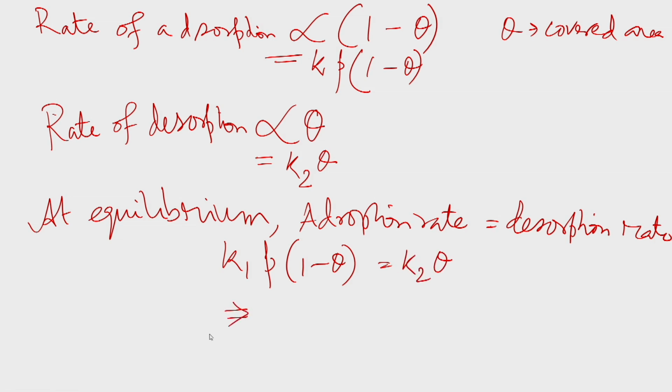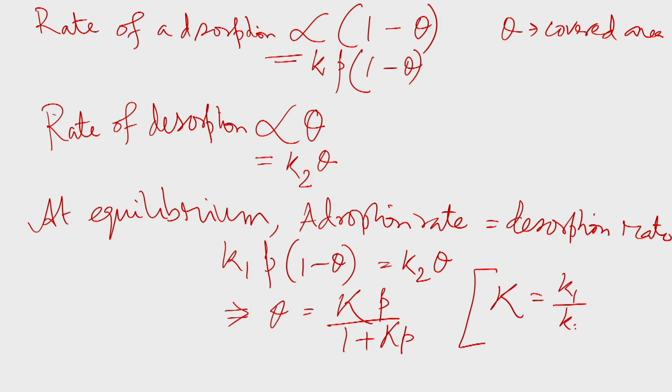From here we get theta equal to capital K into P by 1 plus capital K into P, where capital K is equal to K1 by K2, the ratio of rate constants of the adsorption and desorption processes.